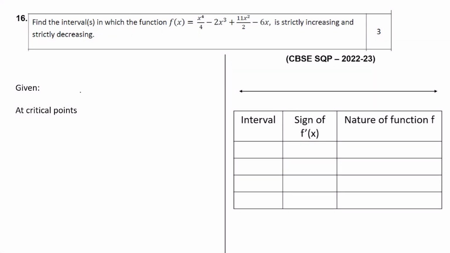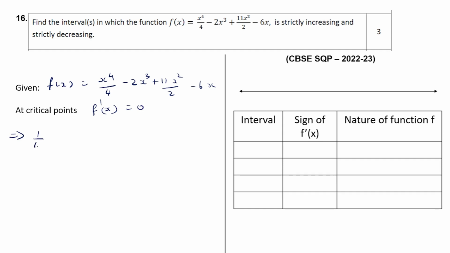So here given f of x is equal to x raised to 4 by 4 minus 2x cube plus 11x square by 2 minus 6x. At the critical points, f dash of x equal to 0. This implies we have to differentiate this.